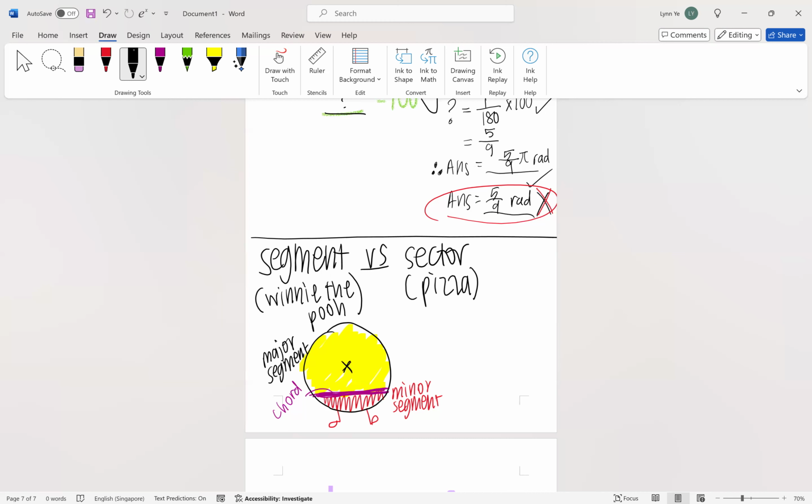Okay? So next, we're going to learn sector. Sector is like a pizza. You all know pizza, right, guys? Pizza always cut through the center one, right? So this is your pizza with the macaroni and cheese and whatnot.